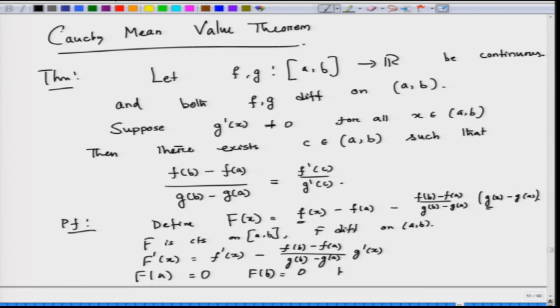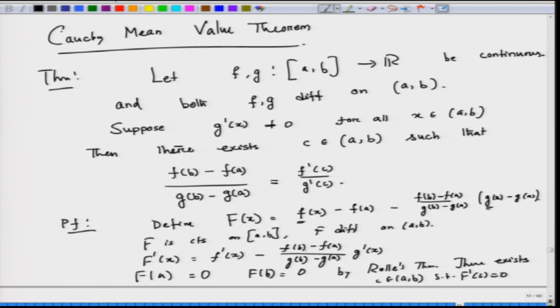So by Rolle's theorem, there exists a c belongs to a b such that F prime of c is equal to 0.